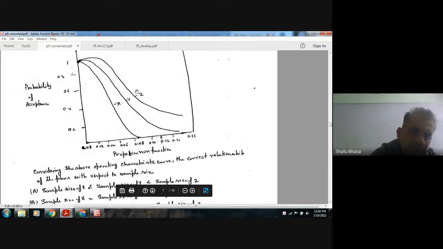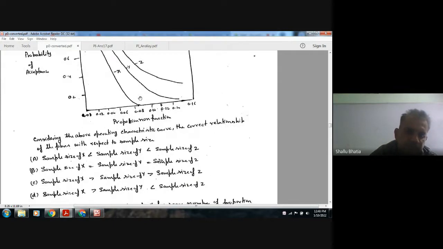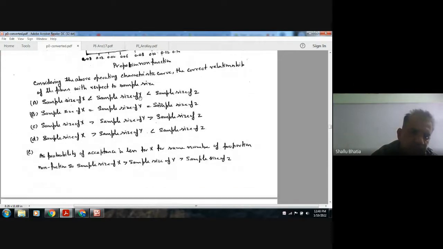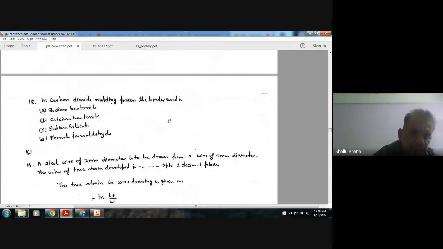As we go to this side, the sample size goes on increasing. So X will have the largest sample size, and the least sample size is for Z. The answer is X.